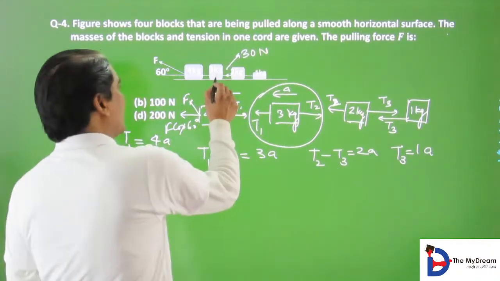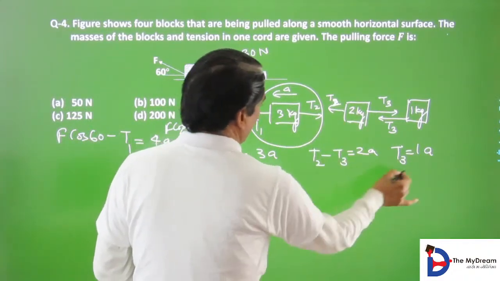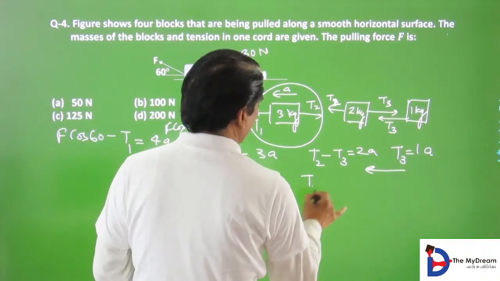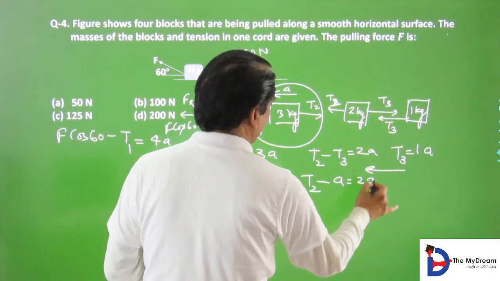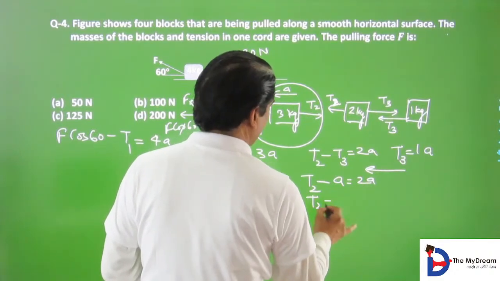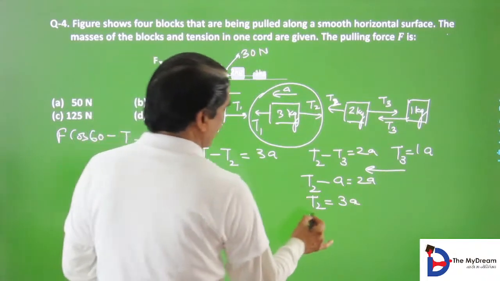So between 3 and 2 there is a force T2. You can write down, in place of T3, a. So T2 is equal to thrice of a. And T2 is already given to you, that is 30.